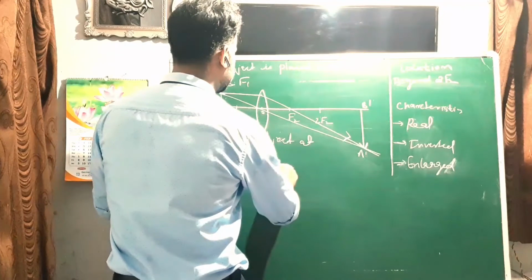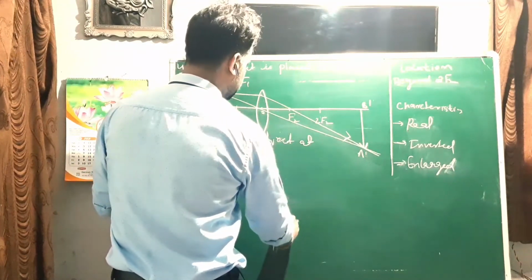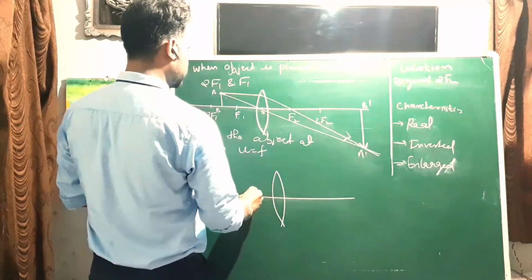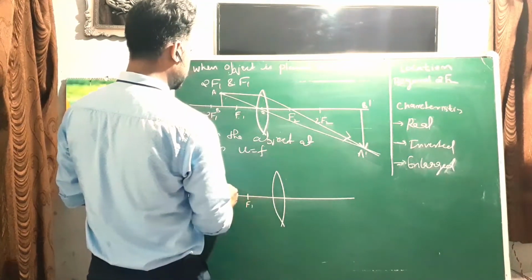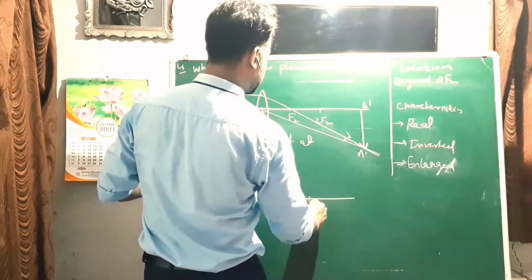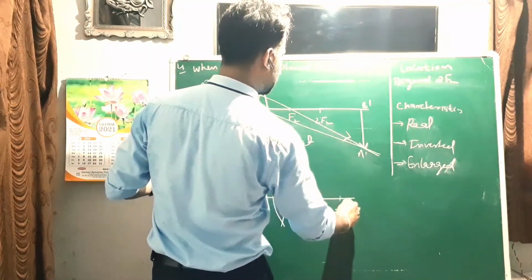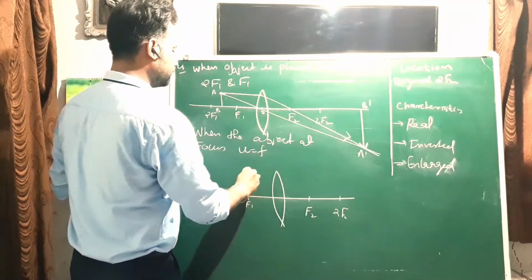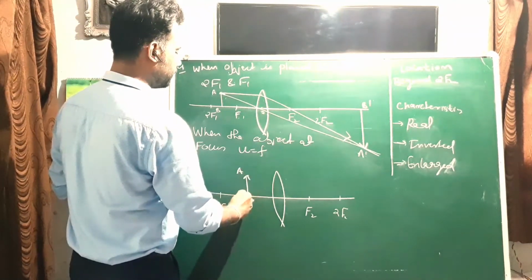Let's make the diagram. So this is F1, this is twice of F1, this is F2, and this is twice of F2. Object is here. This is the object AB.